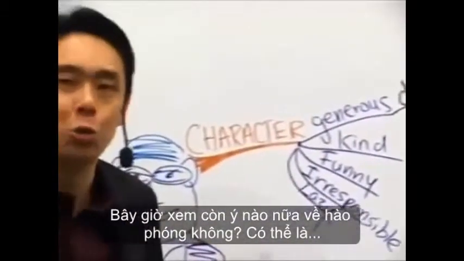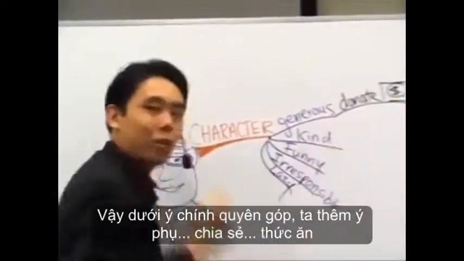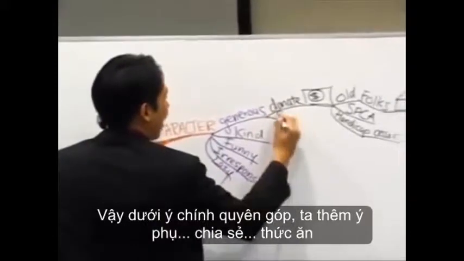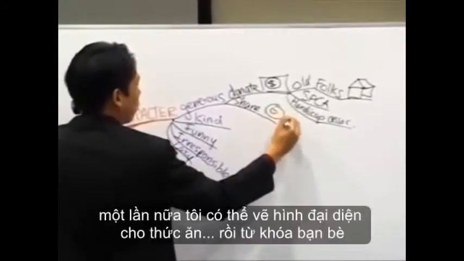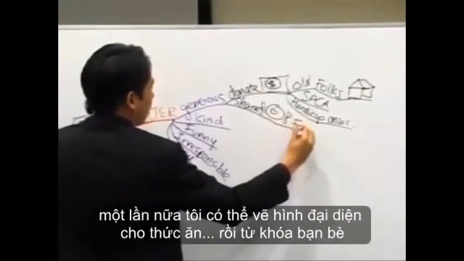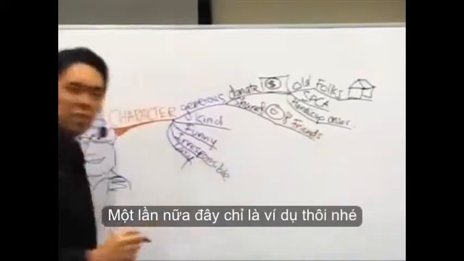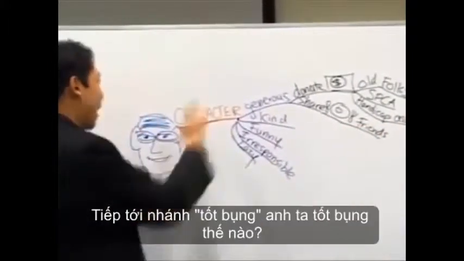Maybe he likes to share his food with his friends, for example. So under generous, you can put on the next main point, which is share food. Again, I could draw something to represent food. Friends. Again, it's a strange way of being generous. I'm just giving an example here, right? Some crazy examples.